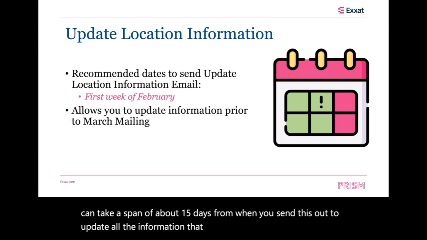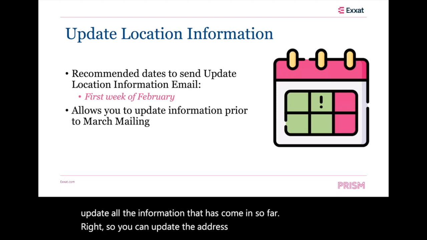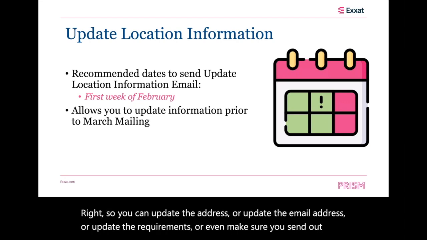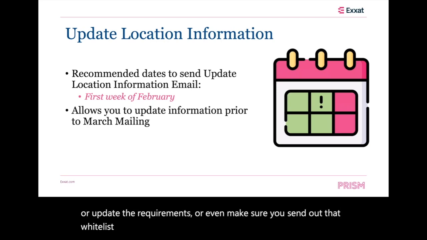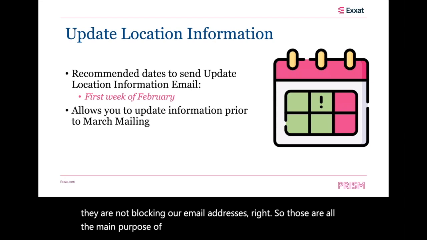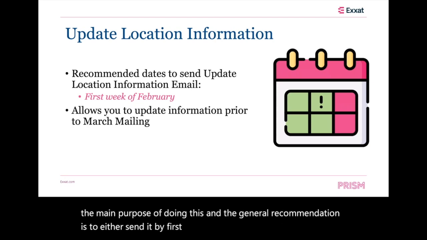You can update the address, the email address, or the requirements, and also make sure you send out the whitelist letter to the sites or clinical partners so that they are not blocking our email addresses. The general recommendation is to send it by the first or second week of February.